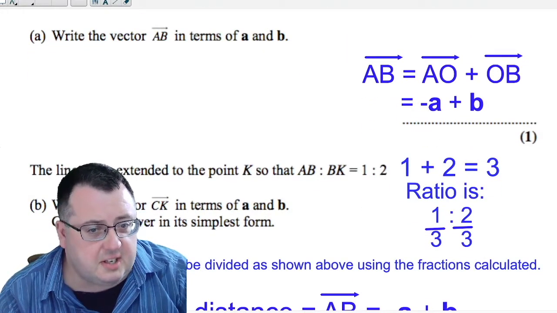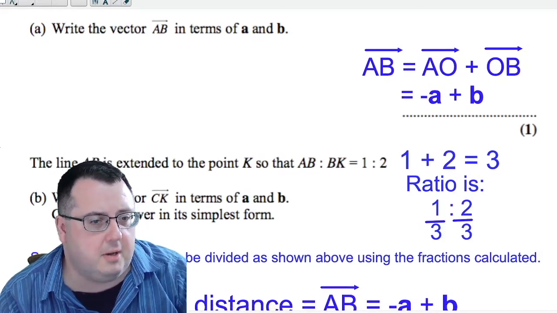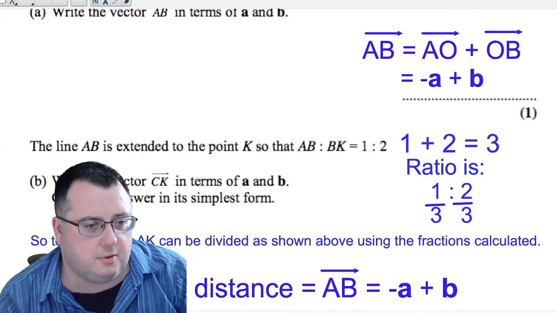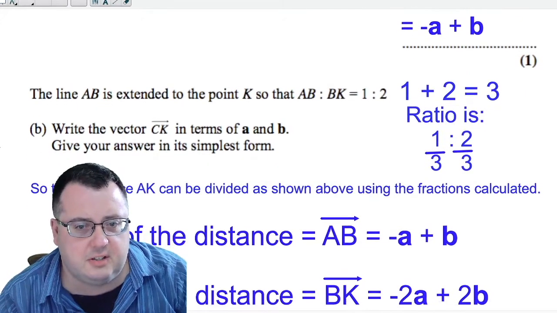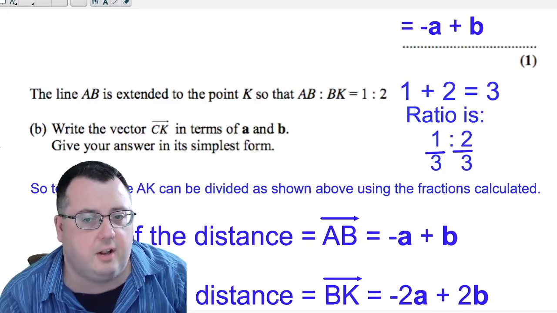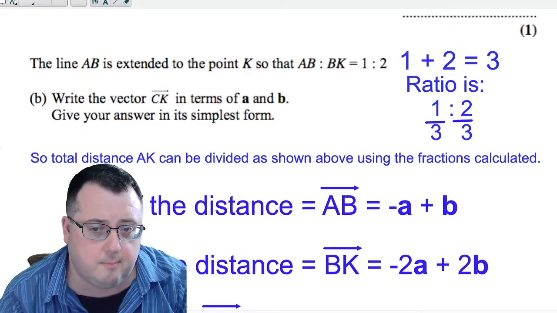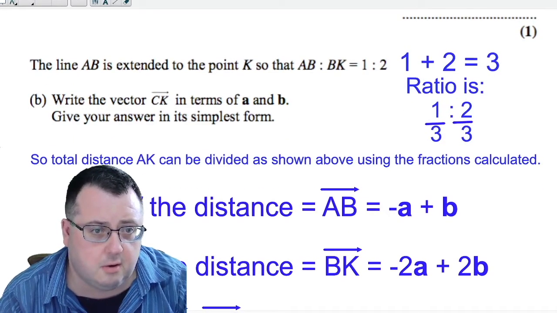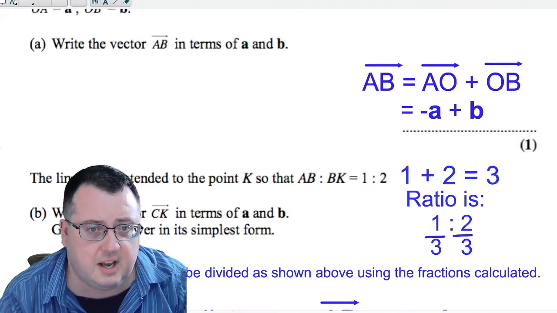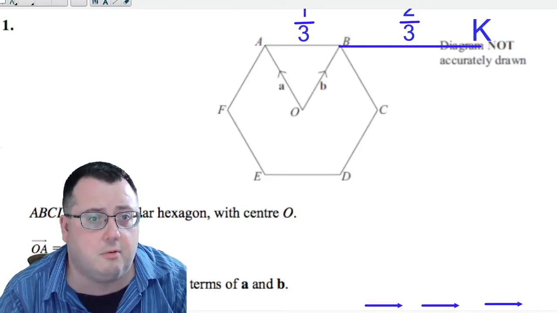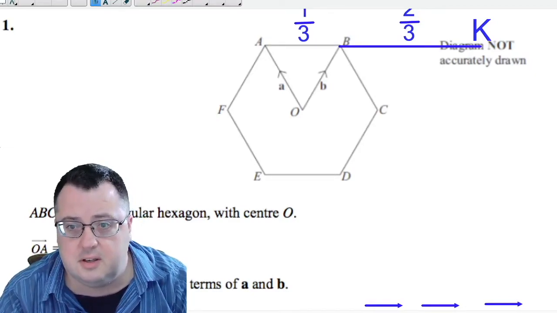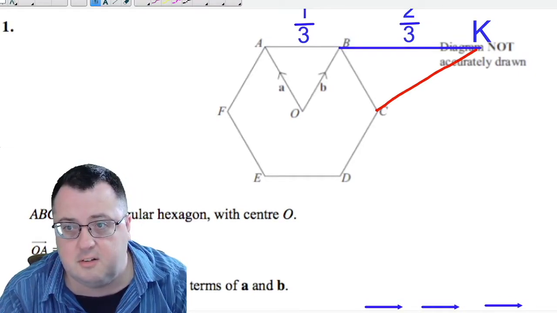Write the vector C to K in terms of A and B. Give your answer in its simplest form. So the total distance AK can be divided as shown using the fractions calculated, and that's what we've just done. So we want the vector CK. C to K, I will draw on with a red pen, is this vector here.